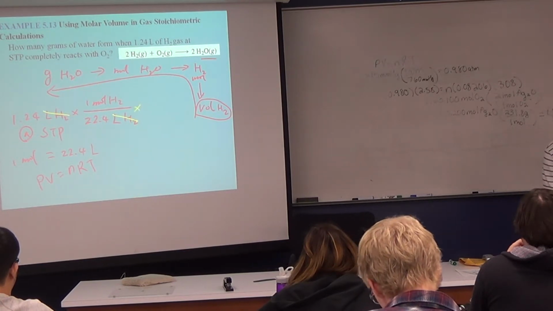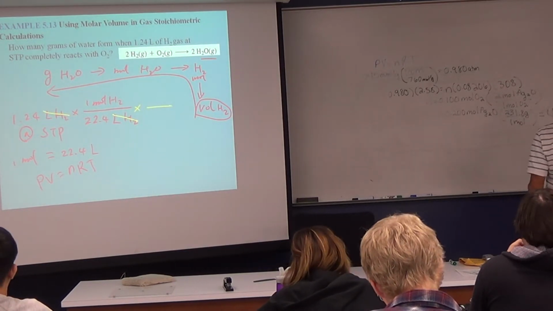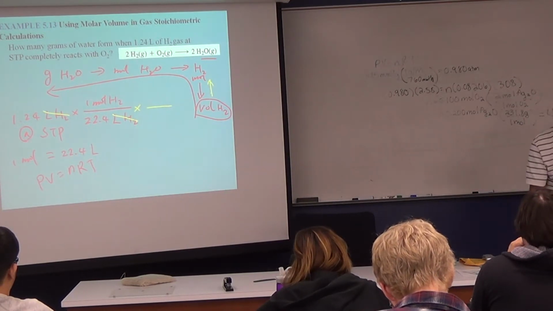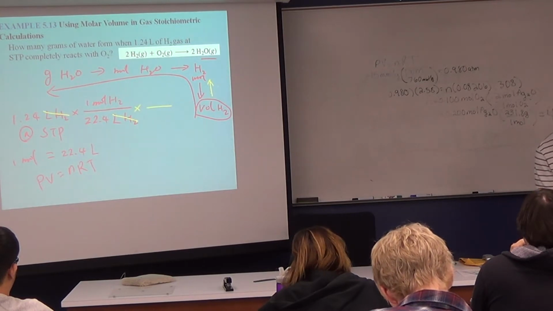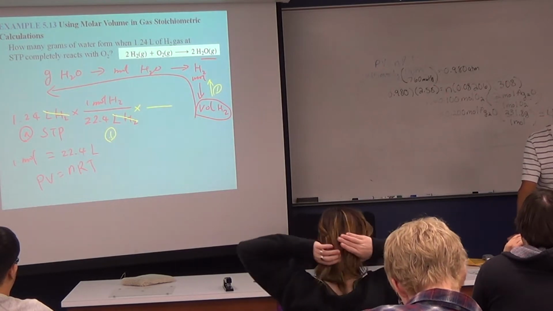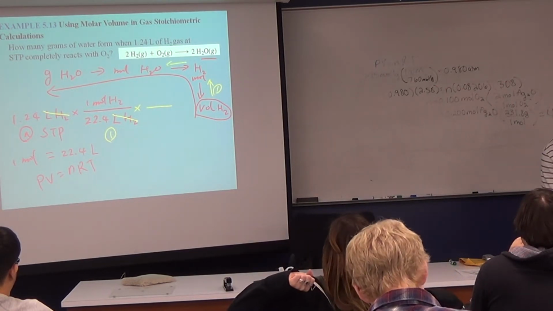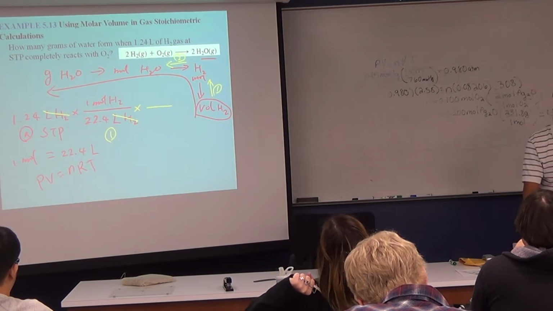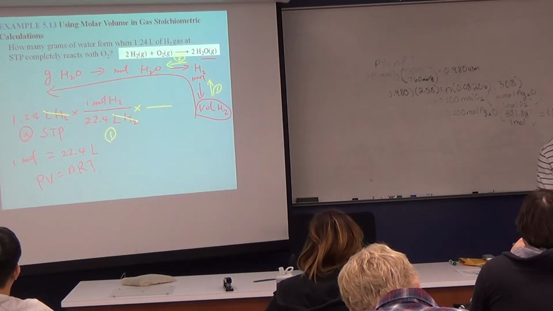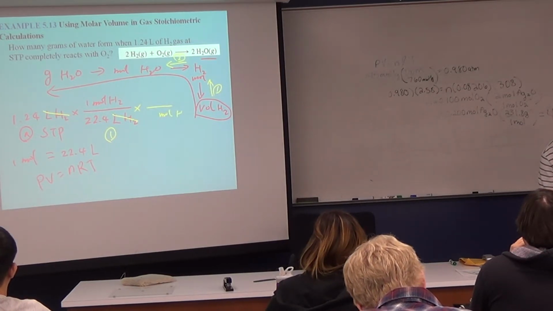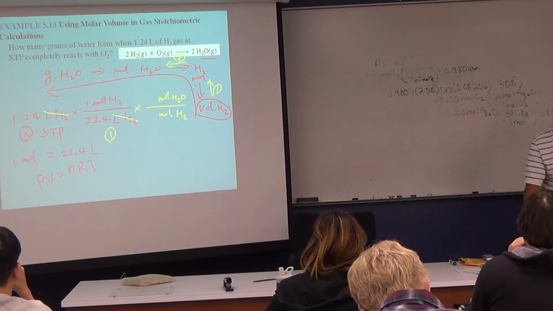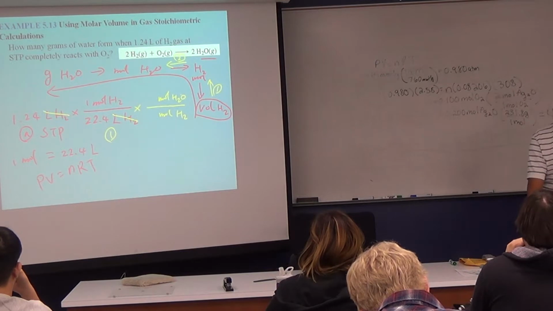So what do we do next? We finished our first step, using this fraction, and now we have the moles of H2. What do we do for our second step? Very good, the mole ratio. Right now you have moles of H2, and you want to get moles of H2O.